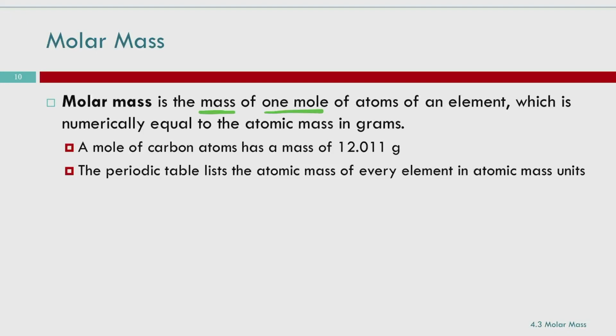And it's numerically equivalent to the atomic mass in grams. The atomic mass we can get from the periodic table, and it's that number that lives underneath our element symbol.